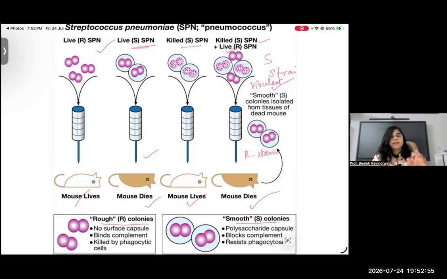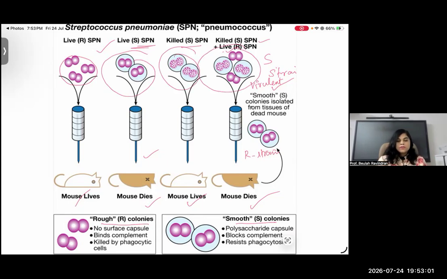I'll repeat this again. These are all the bacteria, keep this in your mind. For the rough strain, live means the live bacteria.